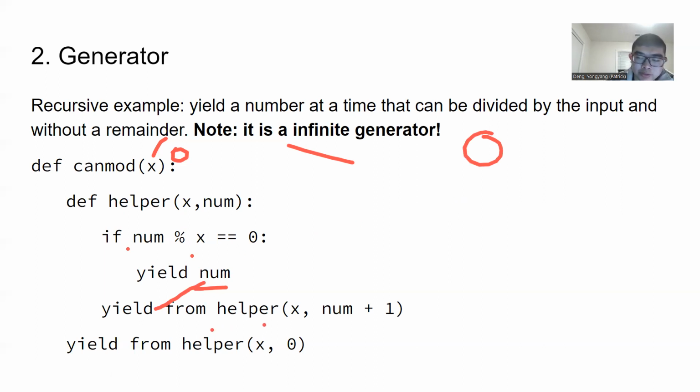Oh, yield from is the recursion. So I will take it again. This time, the number will be 1, and checking the if statement, no. So I will not use that because I cannot enter the if statement. And then I will skip to yield from the helper x number plus 1. So this is a recursive call, a recursion.